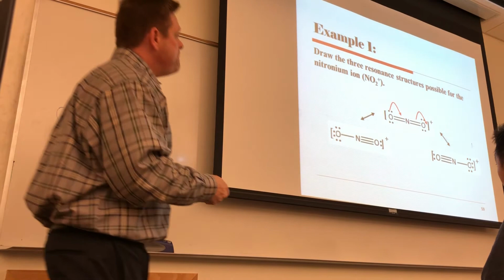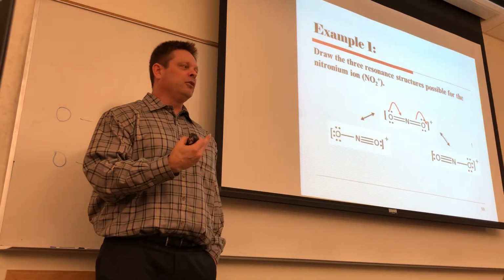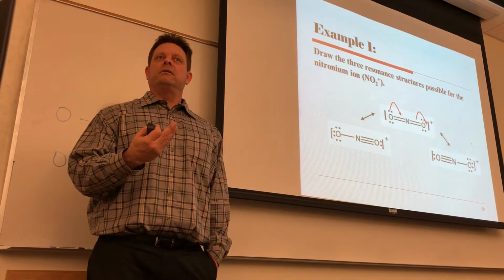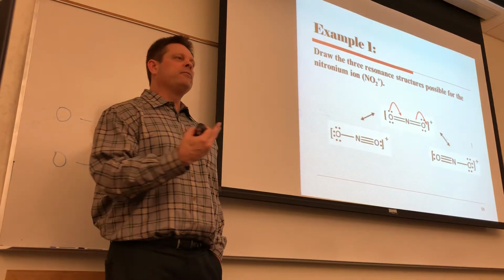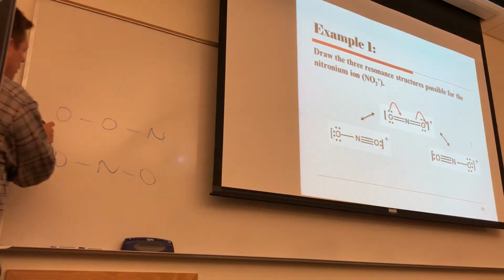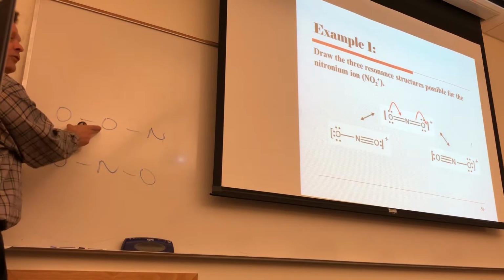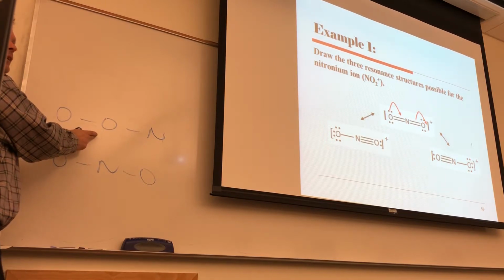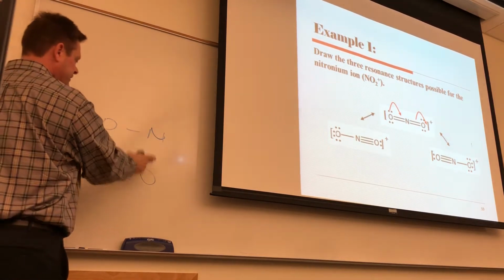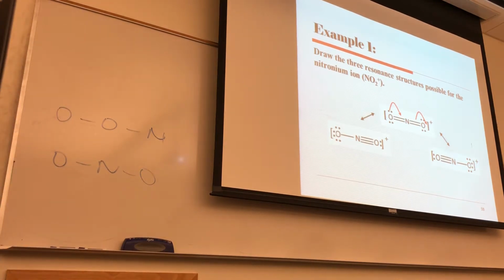But maybe one of them exists a little bit more than the others. So maybe one of them is more stable. Or maybe I could determine why this one is more stable than this one. Because I could put together a Lewis structure that fits this if I could do one that fits that, right? And how would I make that determination of which one it actually is?